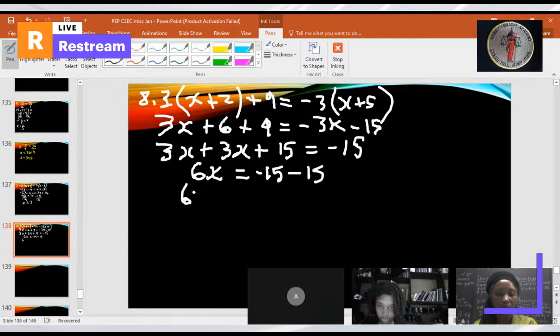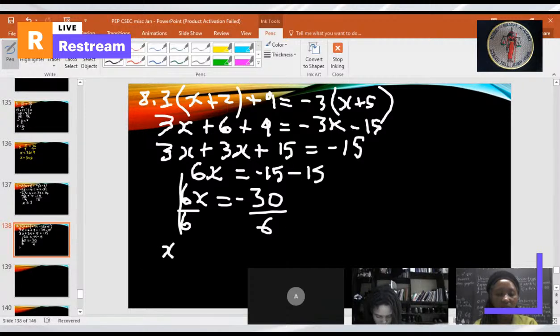We're going to divide both sides by 6 to get x by itself. We're left with x equals negative 5. So negative 30 divided by 6 is negative 5.